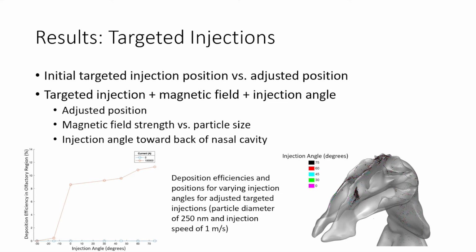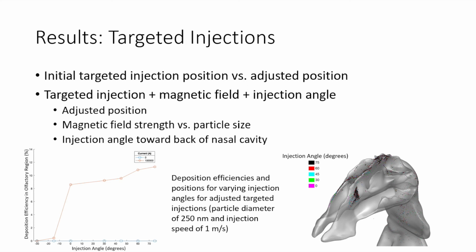When magnetic fields were applied for initial targeted injections, stronger magnetic fields resulted in many particles depositing on the front wall of the nasal cavity before reaching the olfactory region. The adjusted positions, however, were moved slightly back from the initial targeted injections. With no magnetic field, no particles reached the olfactory region, but when magnetic fields of suitable strength for the particle size were applied, much higher efficiency was achieved.